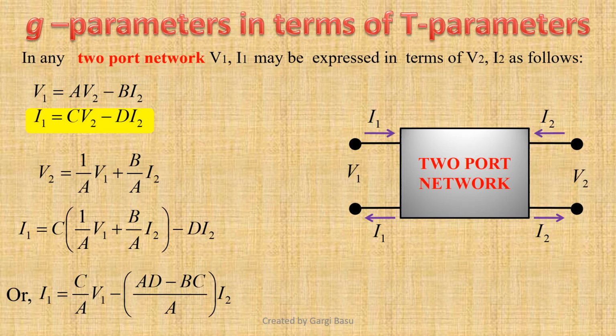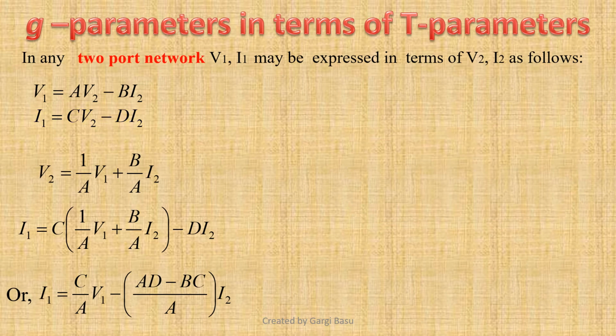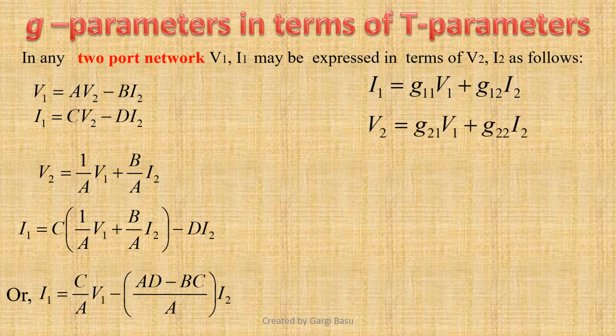When we describe a two-port network using G parameters, the linear equations used are I1 equals G11 V1 plus G12 I2 and V2 equals G21 V1 plus G22 I2.